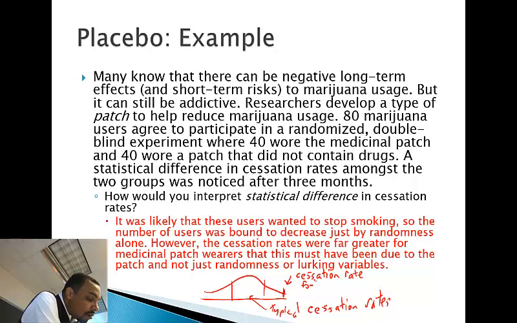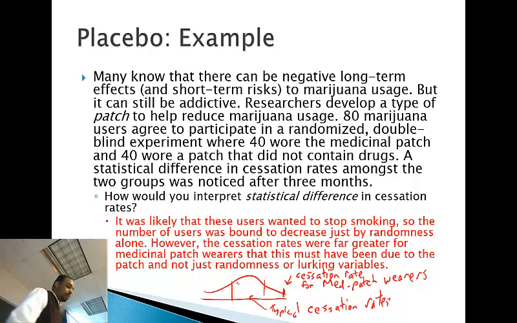Okay, so there's that. Here is the typical range for cessation rates after 3 months. But what we're going to hypothesize is that the rate for cessation, which is the stop rate, for those who had the medicinal patch, was so much higher than this range. That would be an example of a statistical difference.